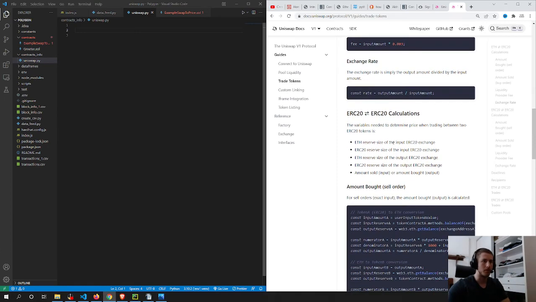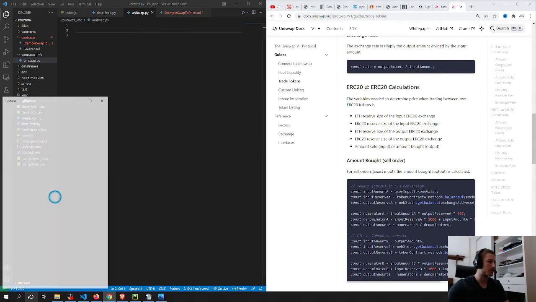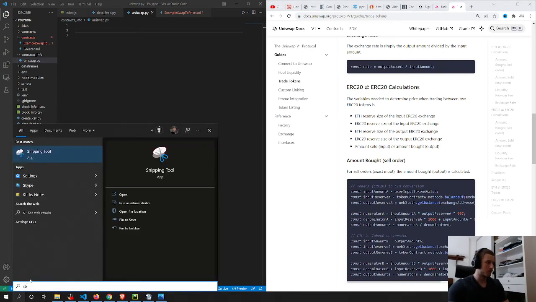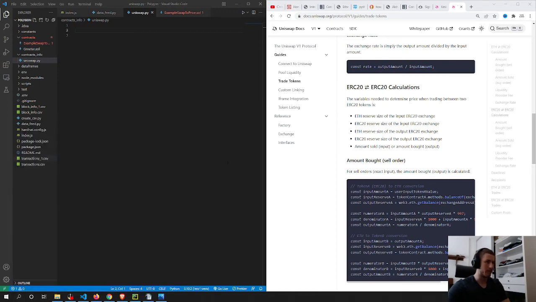Reserve size of the input, I guess this is a good thing.